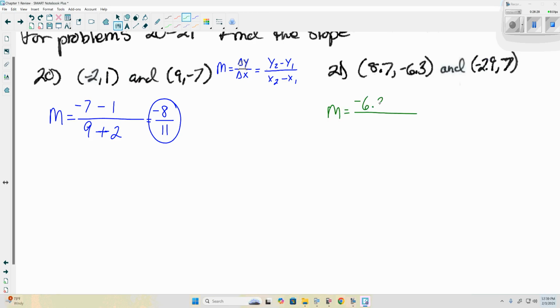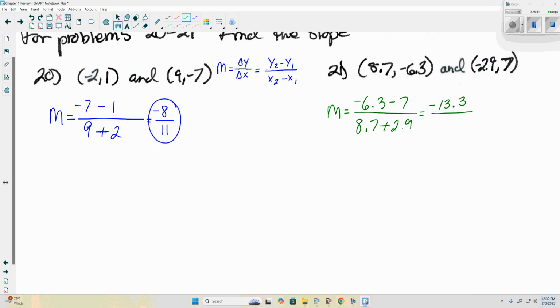Negative 6.3 minus 7 over 8.7 minus negative 2.9. Negative 6.3 minus 7 is going to be negative 13.3.